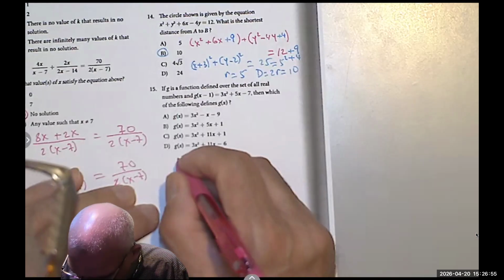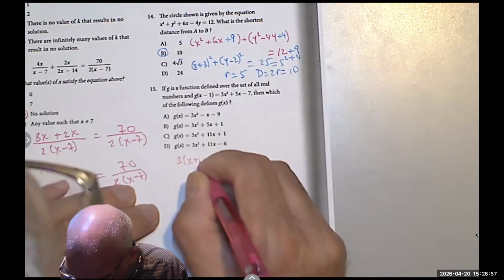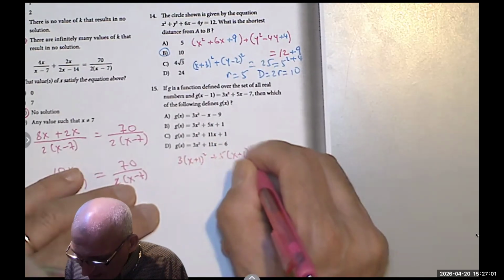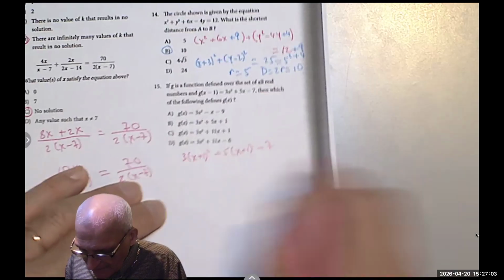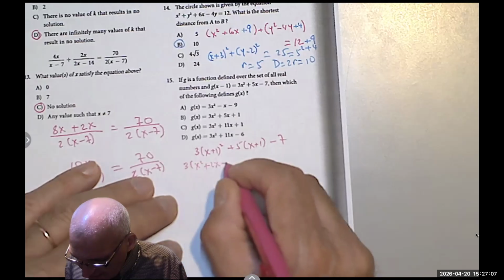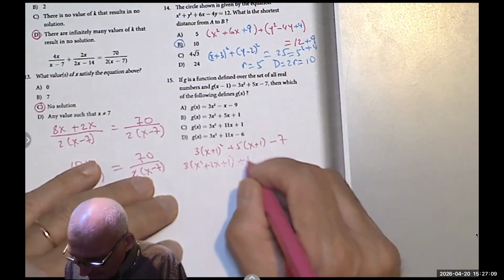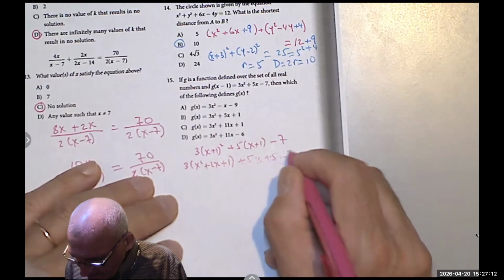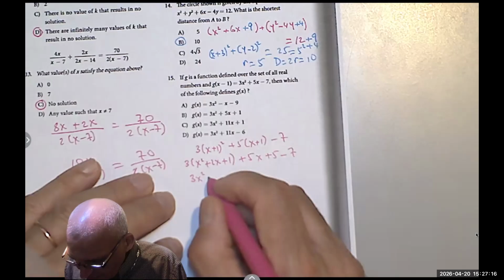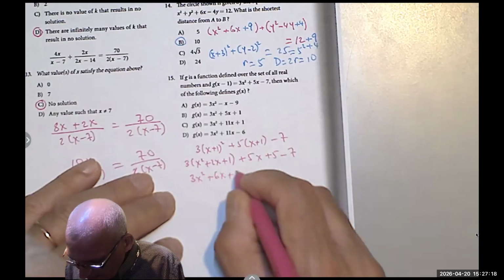So the answer would be 3 times x plus 1 squared, plus 5 times x plus 1, minus 7. This guy is 3 times x squared plus 2x plus 1, plus 5x plus 5, minus 7. When you distribute the 3, you get 3x squared plus 6x plus 3.